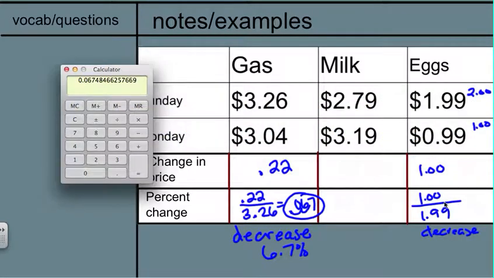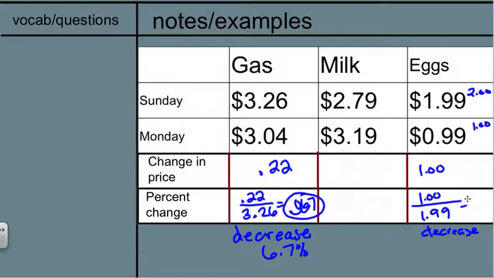So we're going to take our calculator, take $1, and divide it by 199, and look at that, 0.5025. If I move the decimal twice, I get 50%. We have a little change here, but this wasn't exactly even either. So that makes sense, a decrease of 50%.